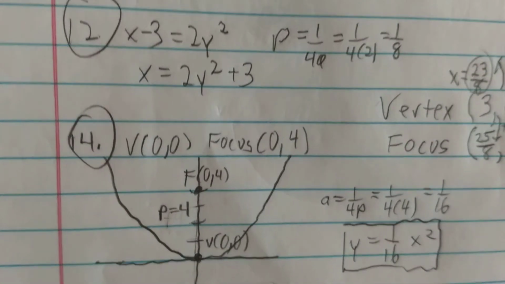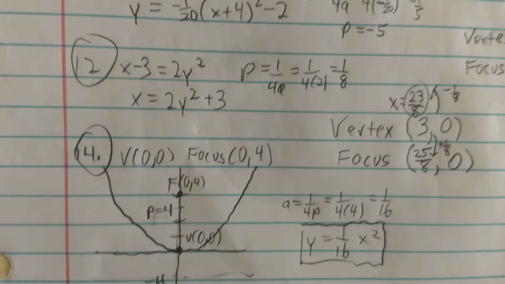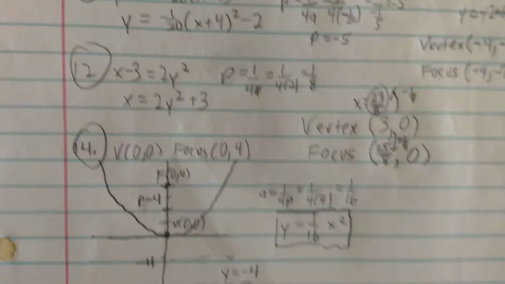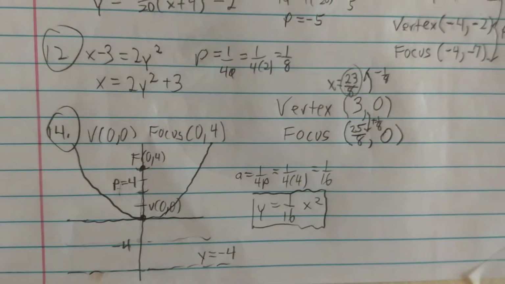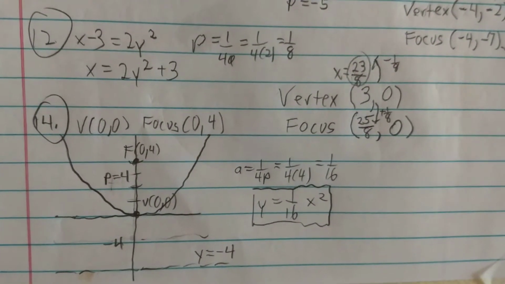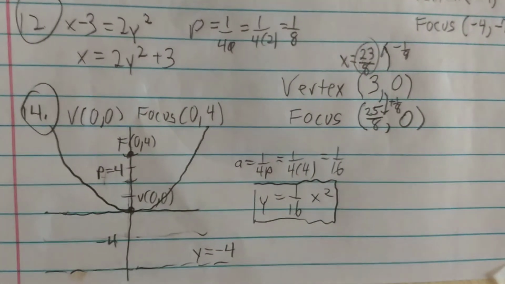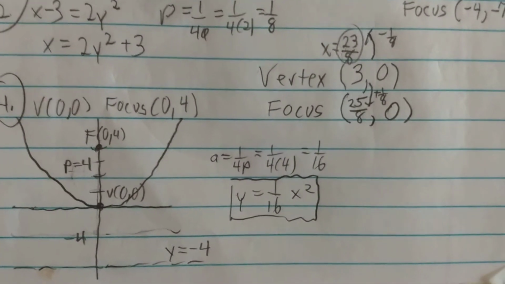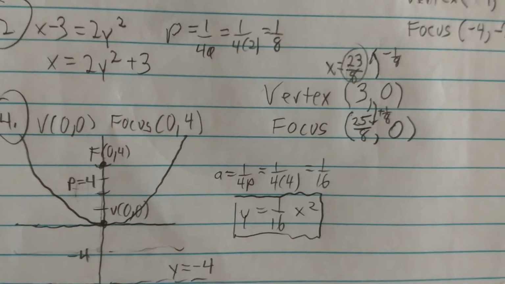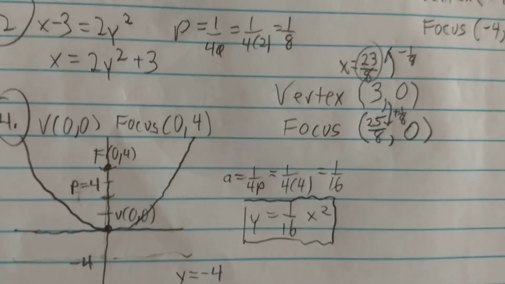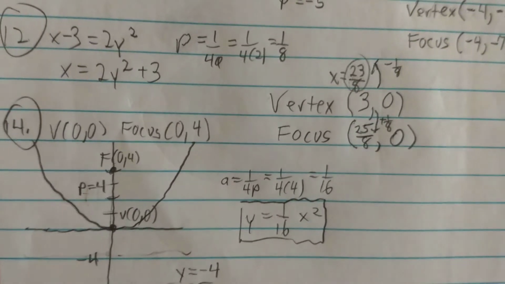Okay? For 12, we start with x minus 3 equals 2y squared, add the 3 over, so we have x equals 2y squared plus 3. Now this is going left or right, and because it's positive, with a positive a of 2, it's going to open right. So p is equal to 1 over 4 times 2, or 1/8.